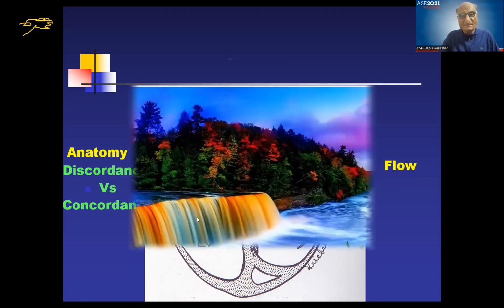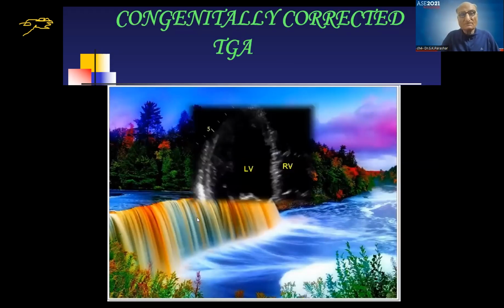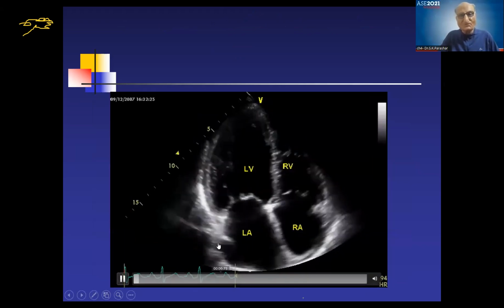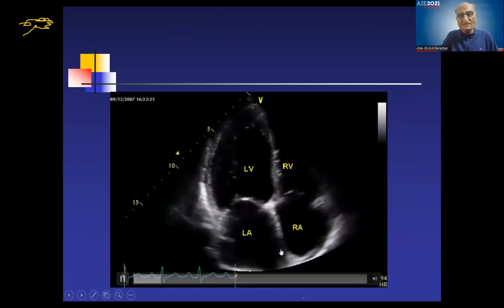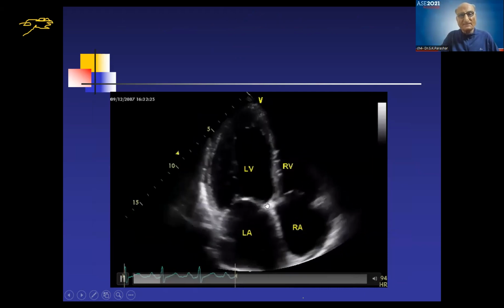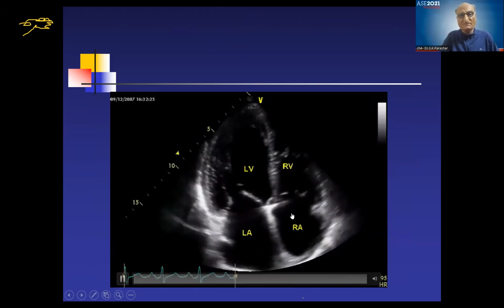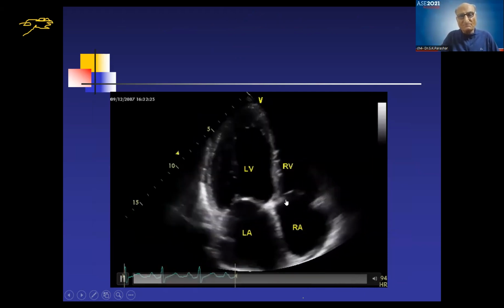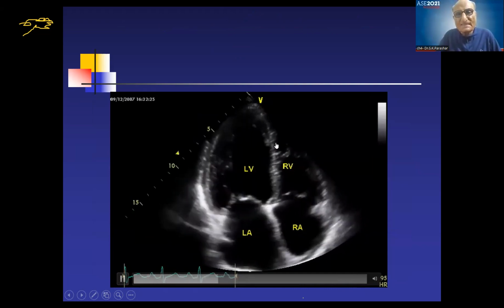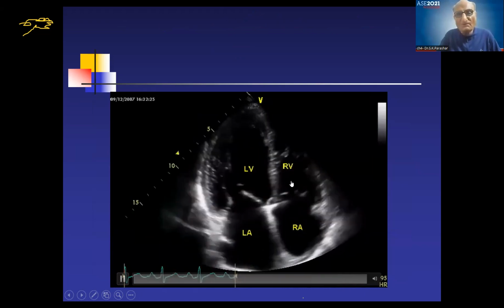And here you see, this is normal. I should not always show you normal. This is LV, this is RV, RA, and LA. So this is the normal connection, this is the mitral valve, this is the tricuspid valve, and you remember any valve which is more toward the apical side is the tricuspid valve. Always, and the tricuspid valve is always related to the right ventricle.